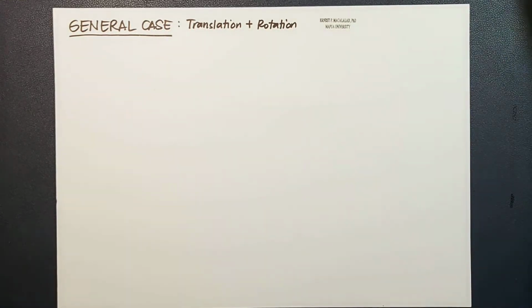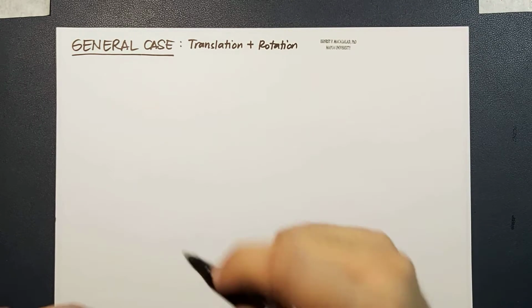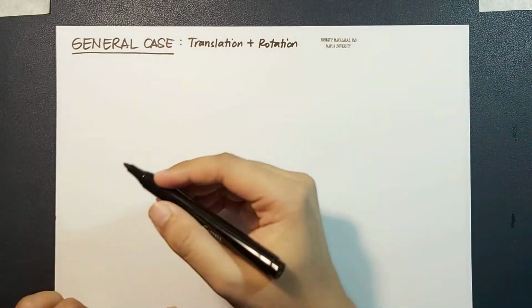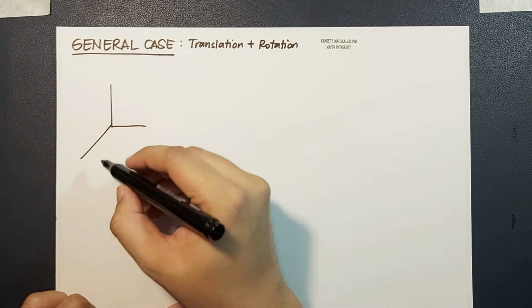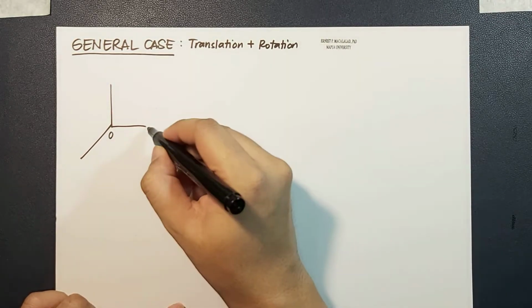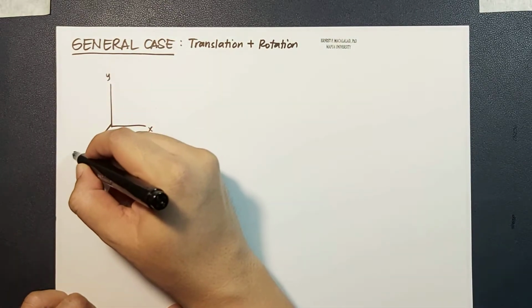Today we will talk about the motion of particles in a coordinate system that is both translating and rotating. So consider two coordinate systems. One is fixed, let's say here, with origin O and X, Y, and Z axes.